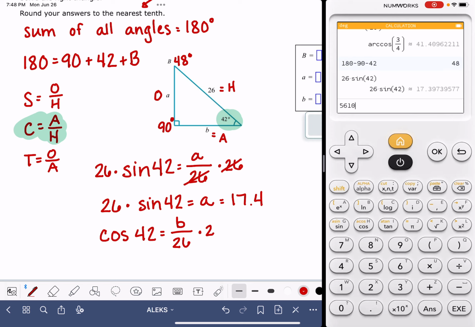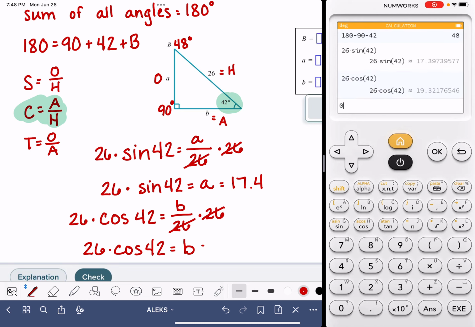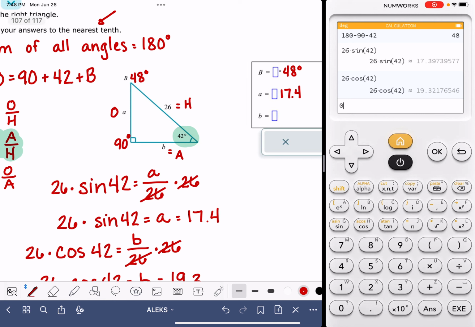Let's do the same thing. Let's get rid of the 26 in the denominator. And that gives us 26 times the cosine of 42 is equal to b. We'll use our calculator to solve. 26 times the cosine of 42 is, to one decimal place, 19.3.